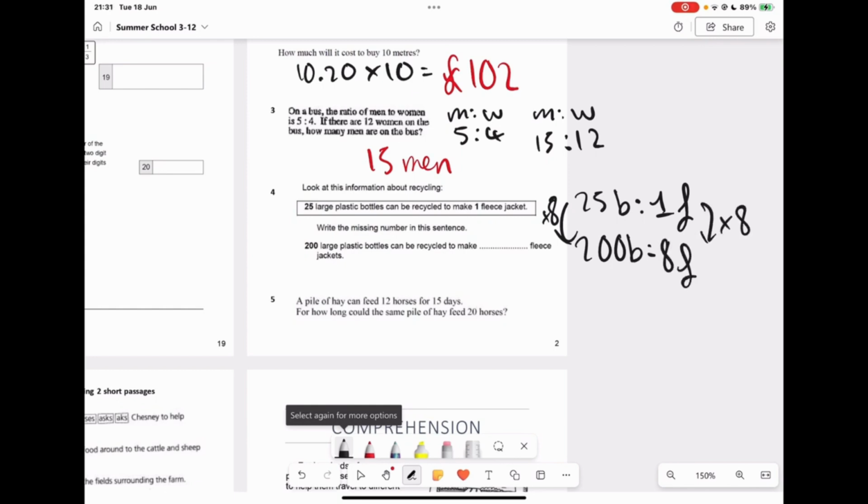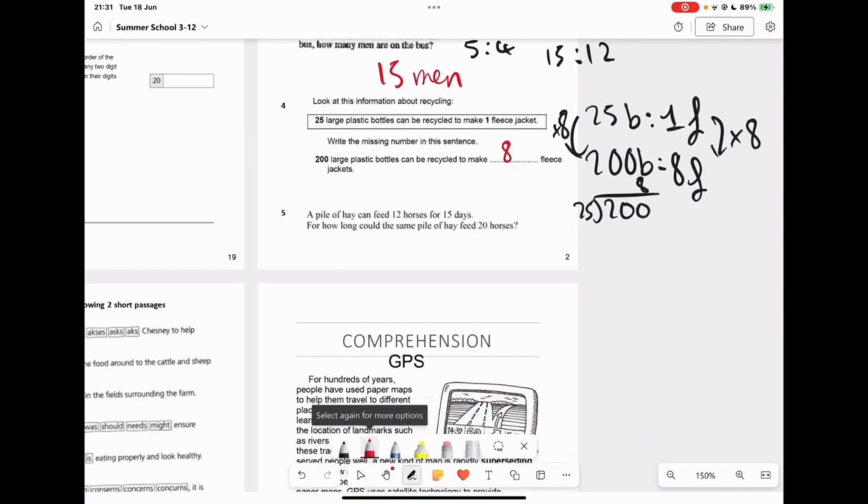So also you could do 200 divided by 25, which will give you an answer of 8 as well. So you could do that too, and that will give you the answer of 8 fleece jackets.